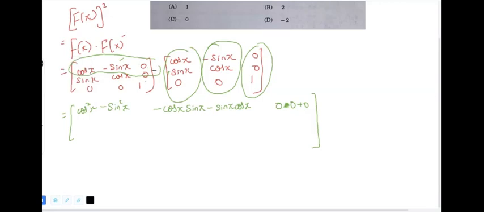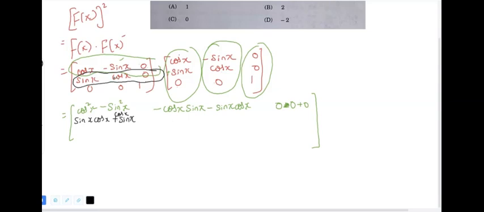Now we move on to the second row. Sin x into cos x is sin x cos x. Then second column: cos x into sin x gives plus sin x cos x, or cos x sin x.